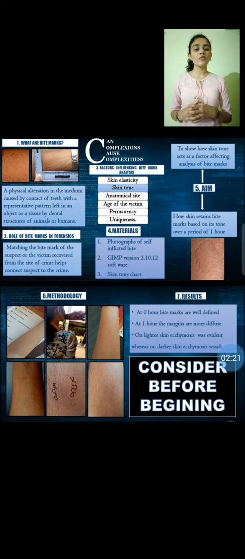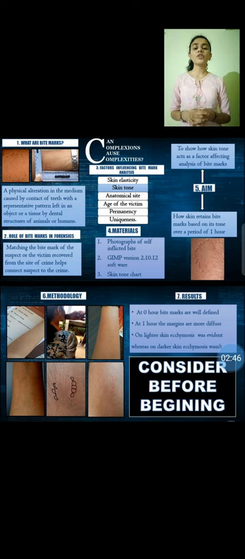The subjects of my study included 15 students of our own institution who were willing to take part in this study of mine. The very aim of my study was to show how skin tone acts as a factor which affects the analysis of bite marks, and also to understand how the skin retains a bite mark mostly based on its tone over a period of an hour.